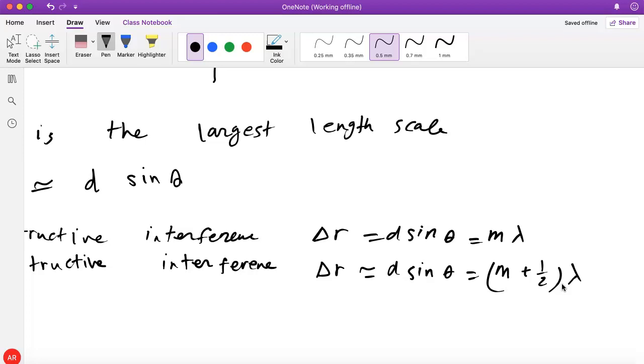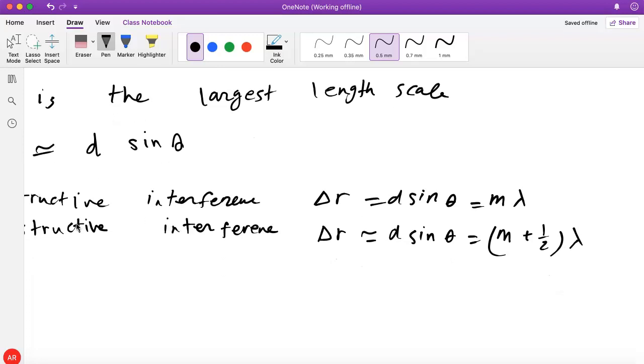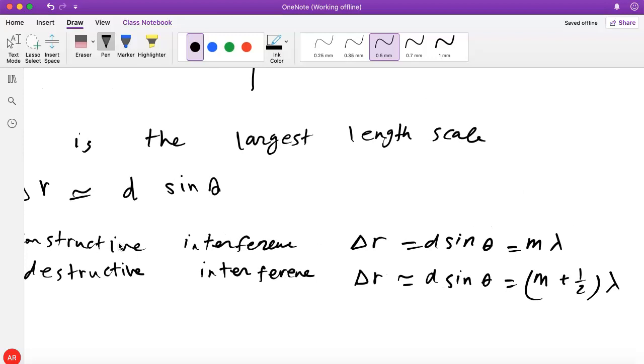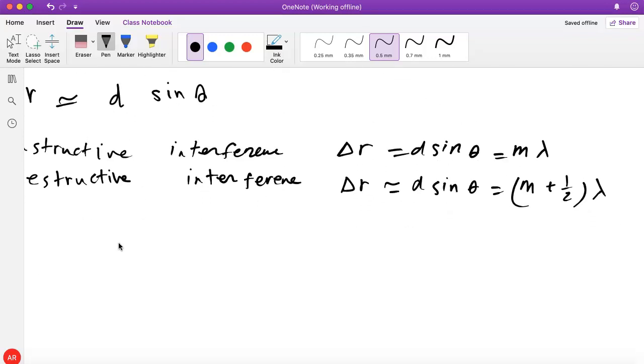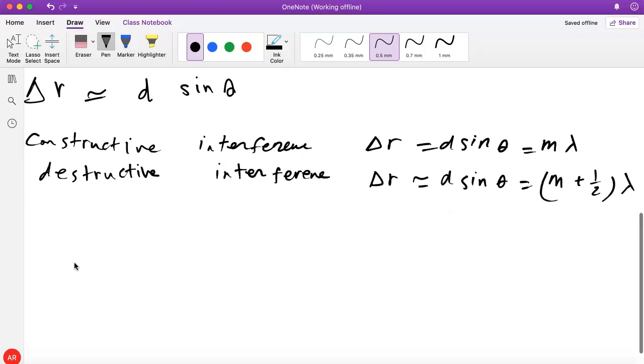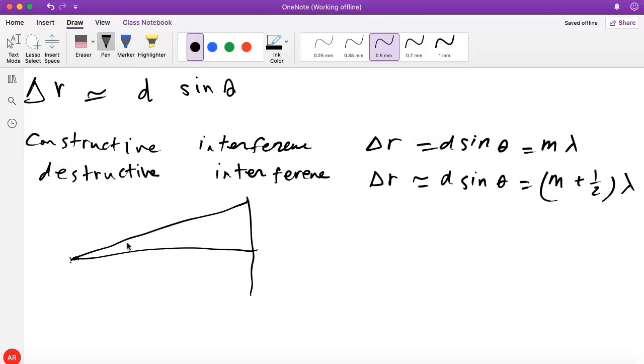All right, so those were our conditions. So that was the first level of approximation, and in this approximation, theta does not need to be very small. As long as d is much smaller than L, this works. And then if you want to find, let's say, the distance on the screen, so let's say this is the screen, these are the sources, we're taking the limit that d is very small, so theta may be a relatively large number.